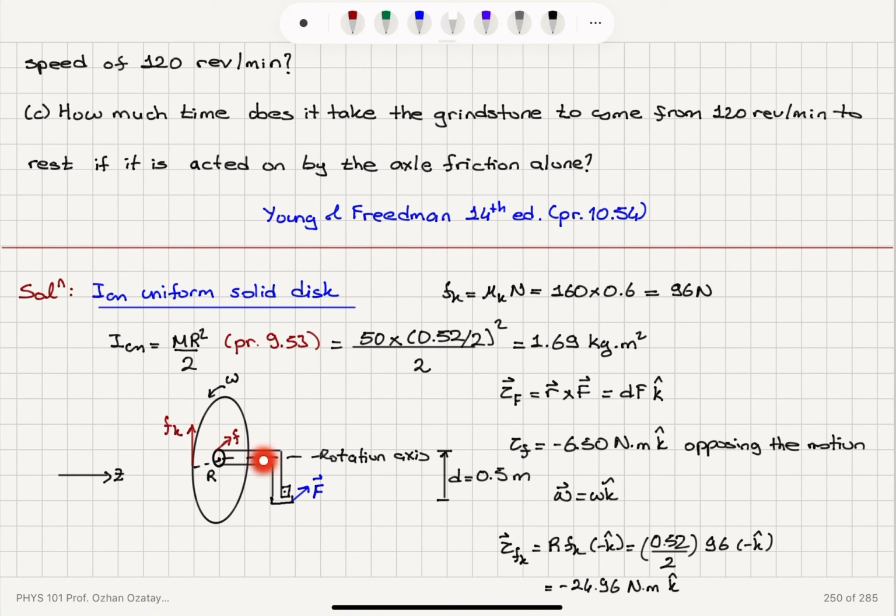So between the axle and the bearings we have another friction, and this friction will also be in the same direction, applying a torque in the same direction as Fk. So this friction and this friction are both applying a torque in the minus k hat direction. That is basically trying to stop this rotation in the counterclockwise direction.